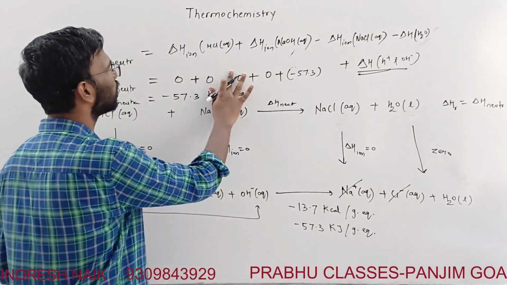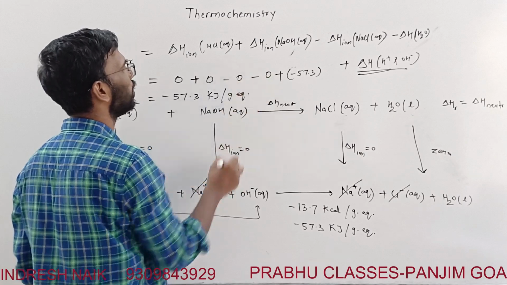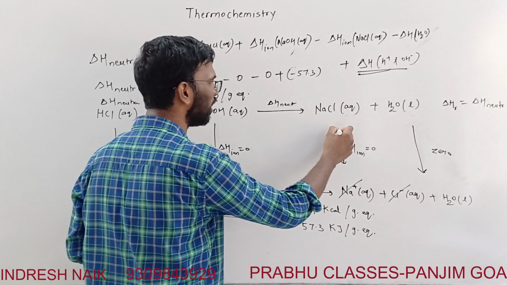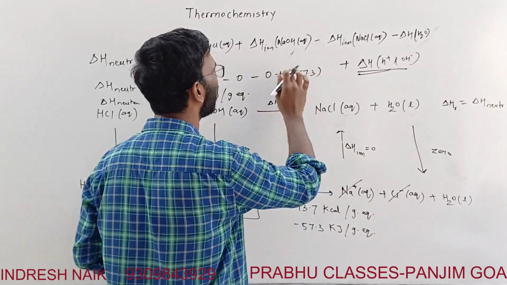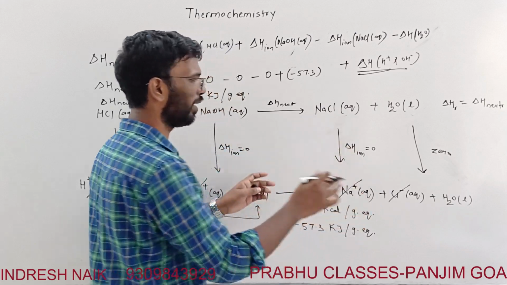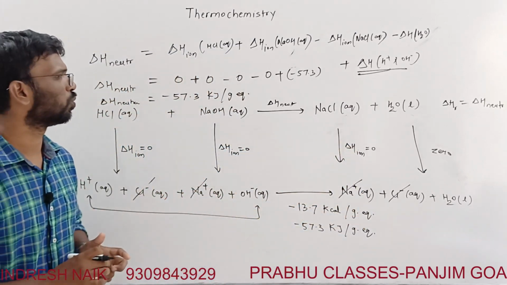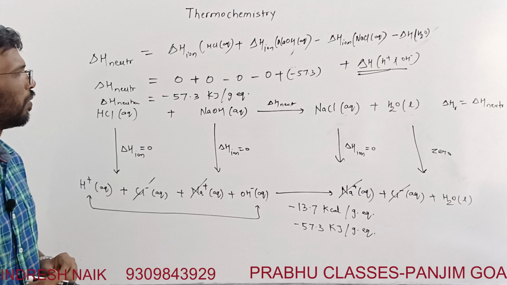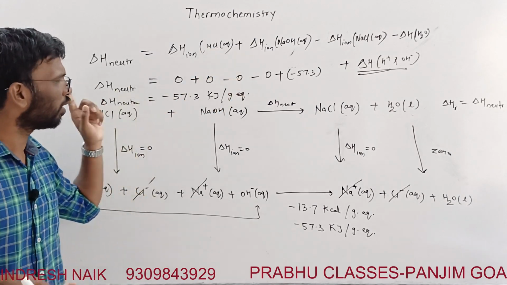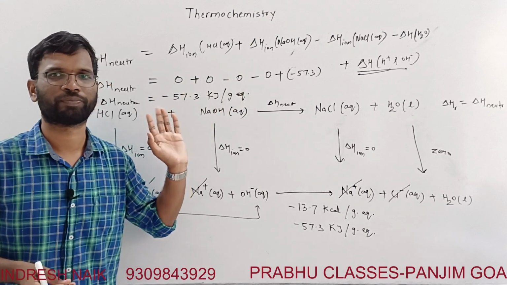So this is minus 0, this is minus 0. If they were in the same direction, you would have taken positive, but these arrows are in the opposite direction. Just make that correction over here about the signs. Since it is 0, it is not making much difference.